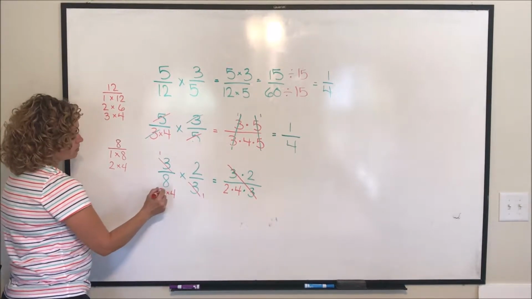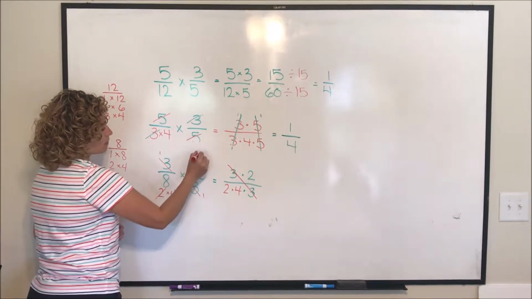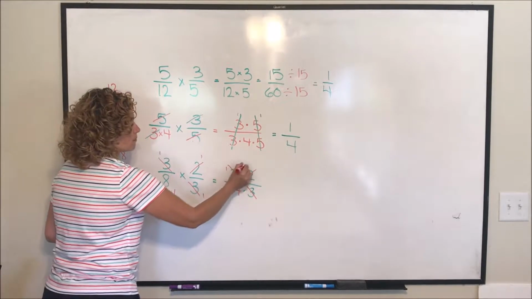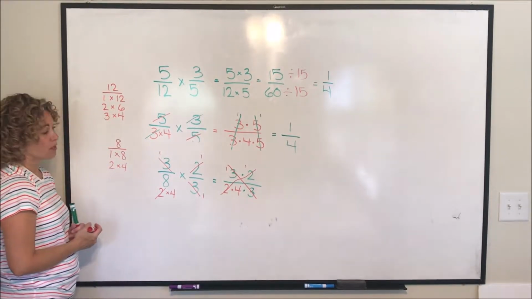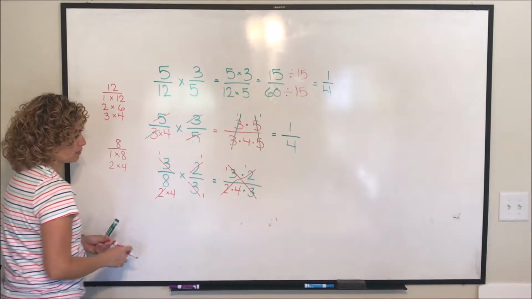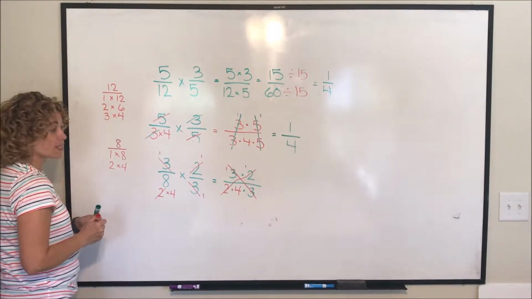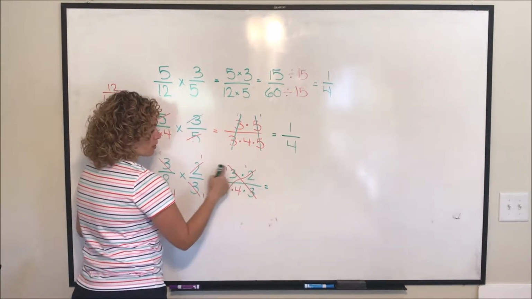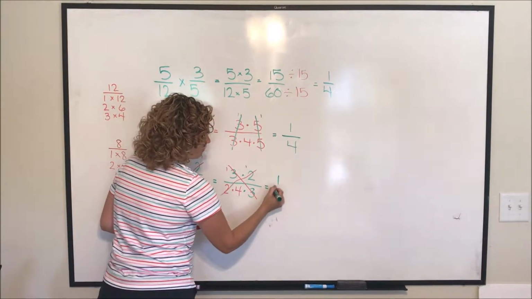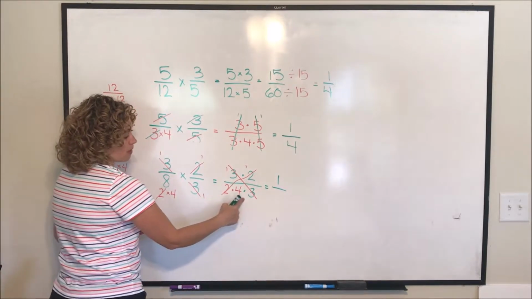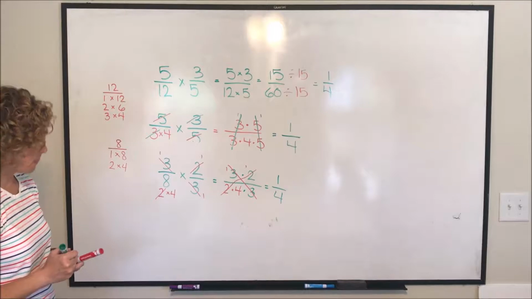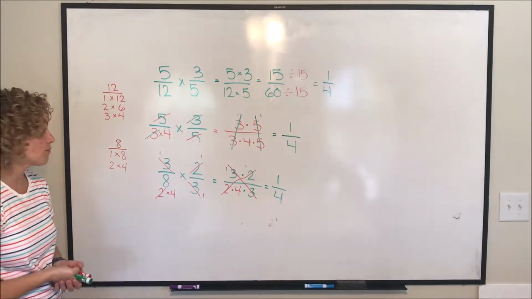This 2 and this 2 are going to cancel out because 2 divided by 2 is 1. That gives us in our numerator 1 times 1, which is 1. And our denominator leaves us with a 4. And so we have the answer of 1/4.